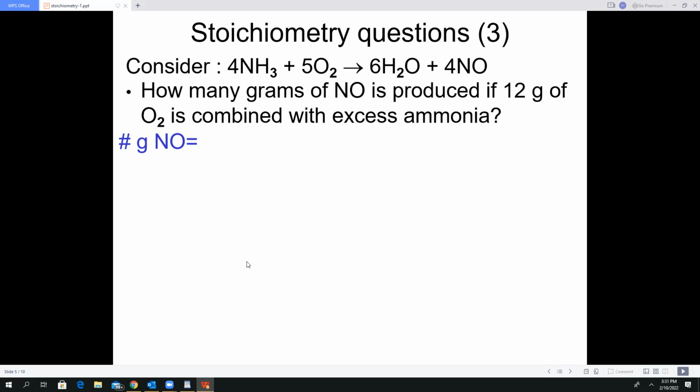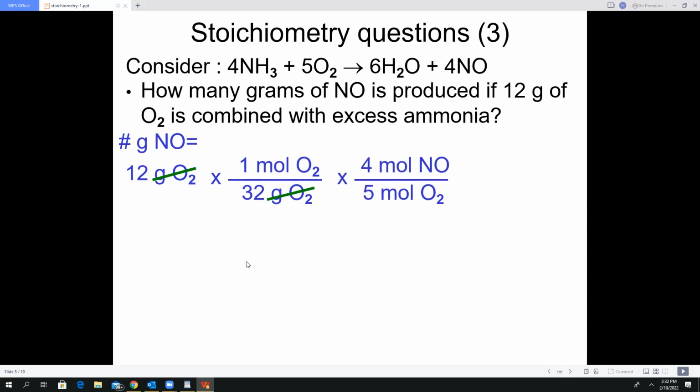All right, so here we go. Our first thing to do is, since we're starting with 12 grams of O2, we put that down. Then we would need the molar mass of O2, right? Then we would need the mole ratio between NO and O2. And yes, the O2 is on the bottom because this O2 is on the top over here. So they need to be able to cancel. All right.